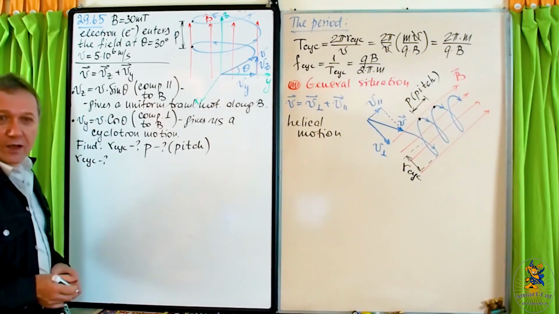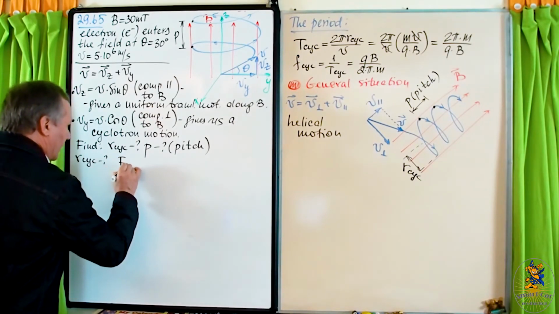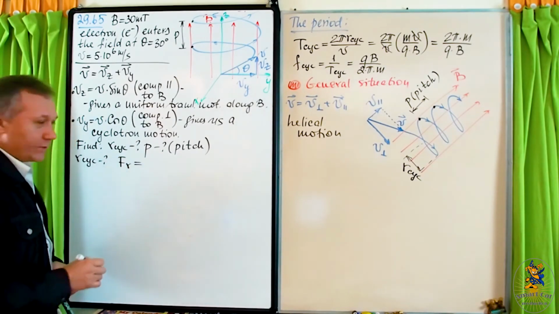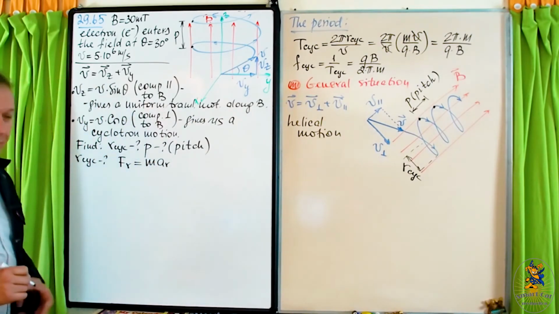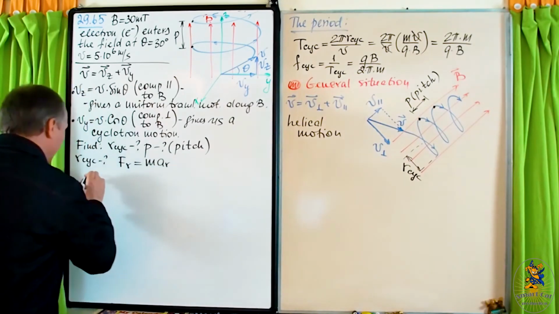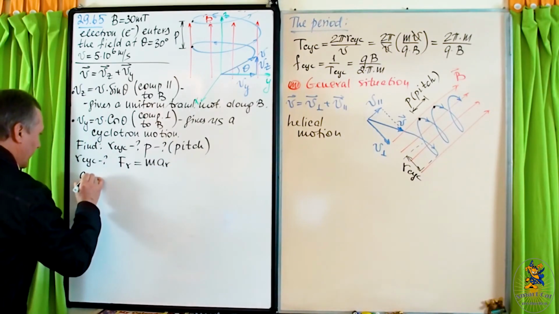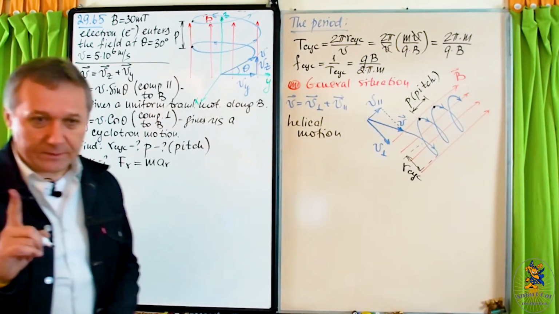It's just an application of Newton's second law in the radial direction. So the component of the force in the radial direction equals mass times centripetal acceleration. So this is Q V. Okay, which V?